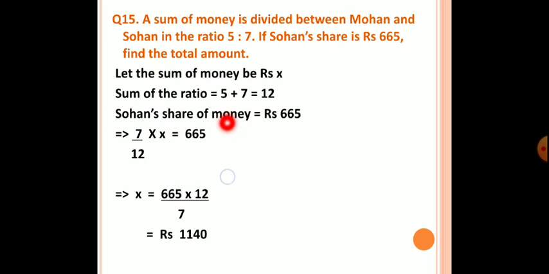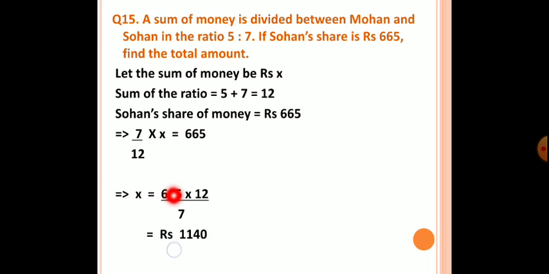Sohan's share of money is given as rupees 665, and we know that Sohan's share is 7. So we can write 7 divided by the sum of the ratio, that is 12, into x, the sum of money, is equal to 665.